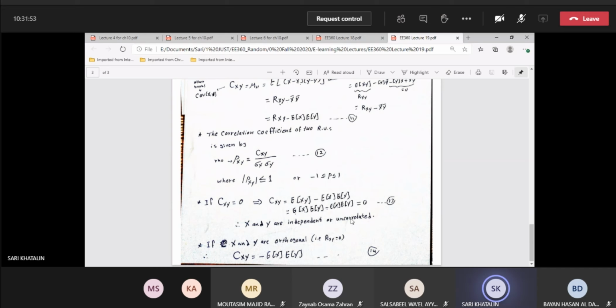Why? Take a look at this. The correlation is the expected value of x and y. If x and y are independent, we can break it into the expected value of x times the expected value of y, and after you do the math you end up with 0.